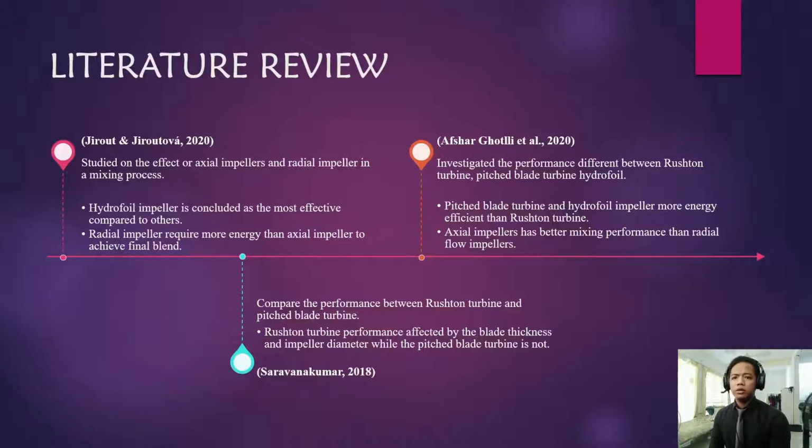Pitch blade turbine and hydrofoil impeller are far more energy efficient than the Russian turbine, since the Russian turbine is a radial impeller that requires more energy to achieve the final blend, relevant to the Giroud and Girotova research in 2020. Asfar and Gottlieb also found that axial impellers have better meshing performance than radial flow impellers.